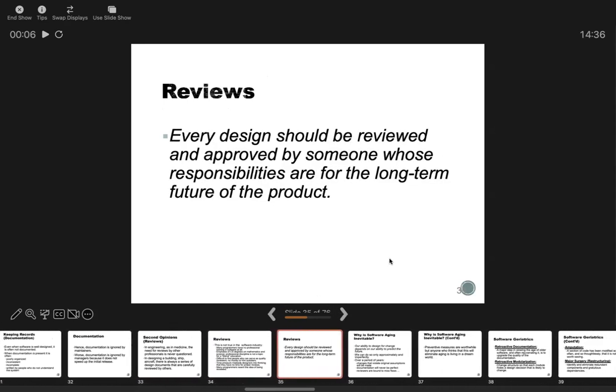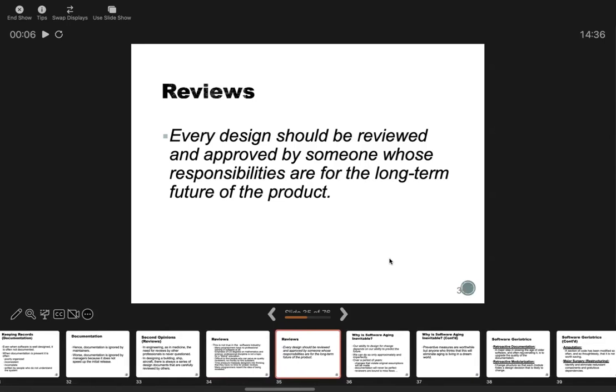Every design should be reviewed or approved by someone whose responsibility is the long-term future of the product. So we must review our products. This could be one preventive action.